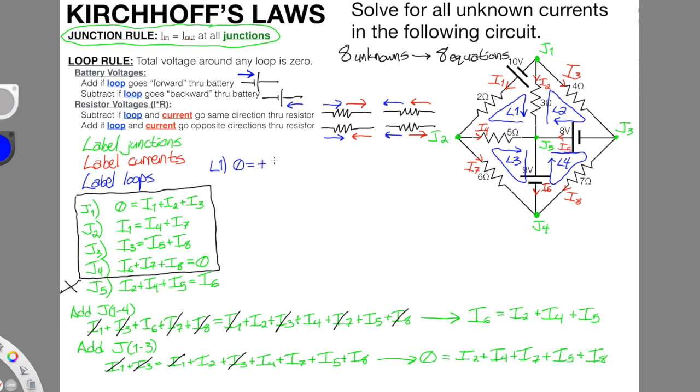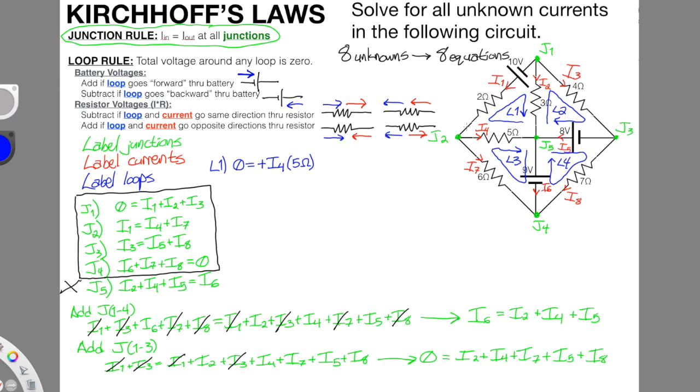In resistors, you calculate their voltage with Ohm's law, so that's the current times the resistance. Which current? I4. Which resistance? 5 ohms, because that's the resistor we're talking about. If we follow our loop along, we go around the corner at the junction, and then we go through I2.